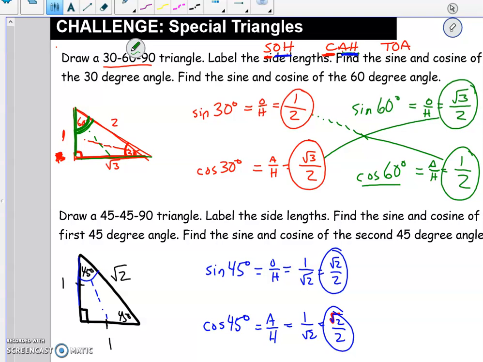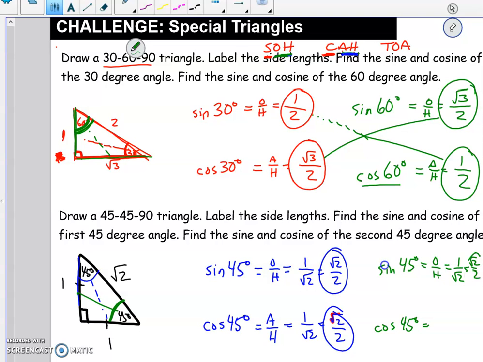Now let's take a look at the other 45-degree angle, and I want to find the sine value of that 45-degree angle, and I want to find the cosine of that 45-degree angle. And so if I look at the sine value, which again is opposite over hypotenuse, the opposite side is 1 and the hypotenuse is the square root of 2, and when I simplify that, I get square root of 2 over 2.